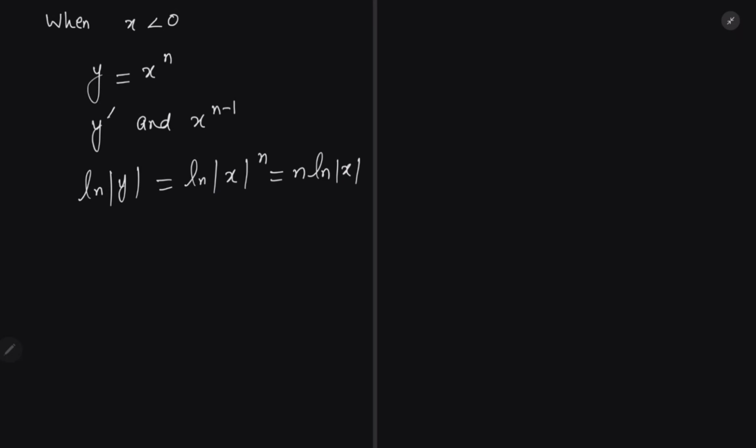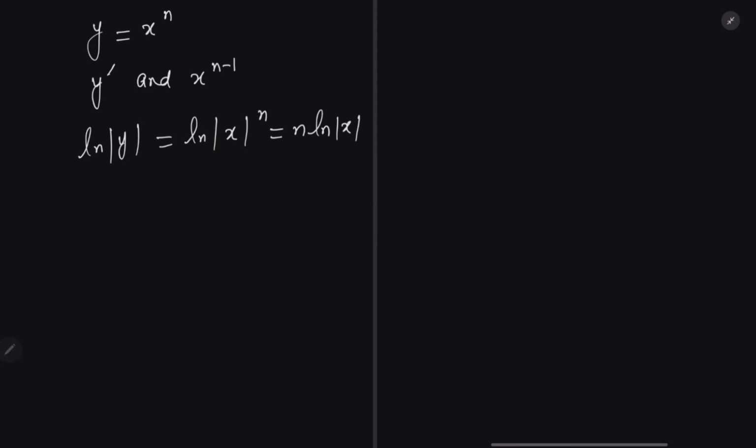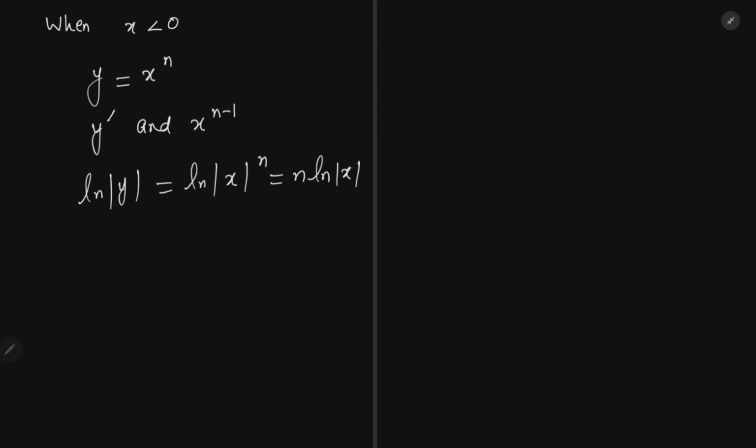So if it is written like this, we actually apply implicit differentiation. So we have 1 over y times y dash, and on the right hand side we have n over x. And from here, y dash is equal to n y over x.